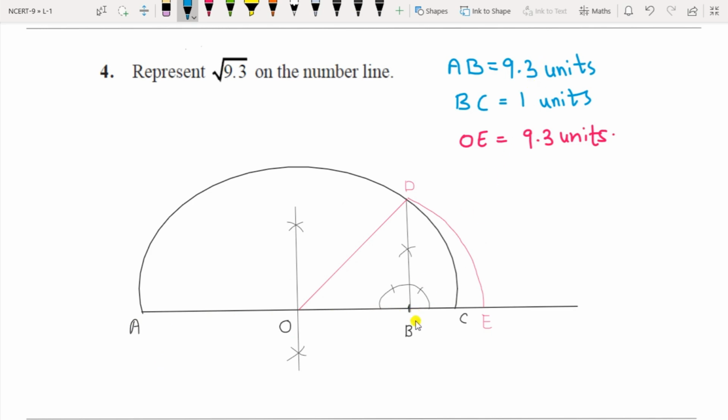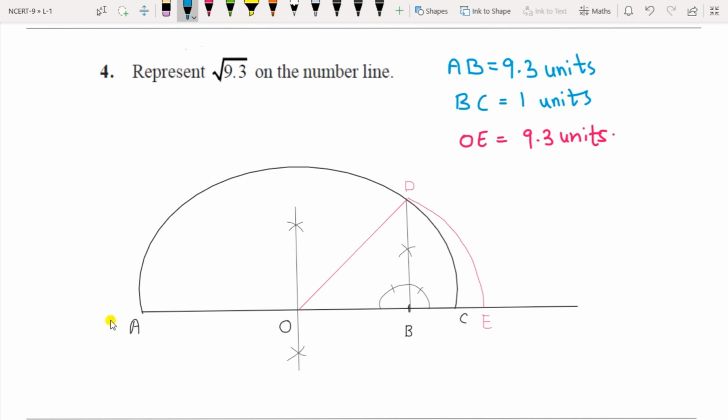Then further extend it one more unit, that is BC is 1 unit, and still extend it. So this is your AB 9.3, BC is 1 unit, and still extend the line. Then taking length equal to AC, draw the perpendicular bisector. Now you know how to draw the perpendicular bisector.